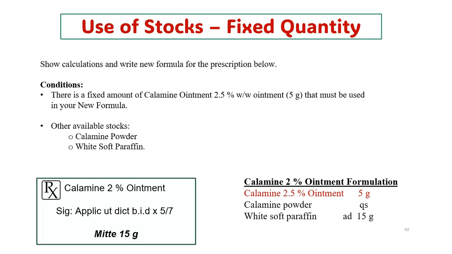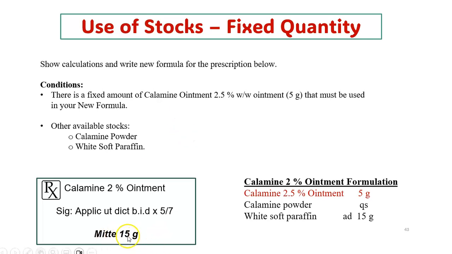When we are fortifying or adding more active drug to an existing stock of ointment or cream, we have to appreciate that a portion of it is fixed and cannot be changed. That's the basic principle here. So this question is prepping your minds so that when you reach fortification of semi-solids, you are more comfortable and confident. So let's look at it.